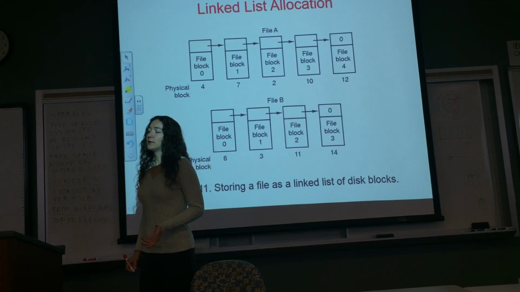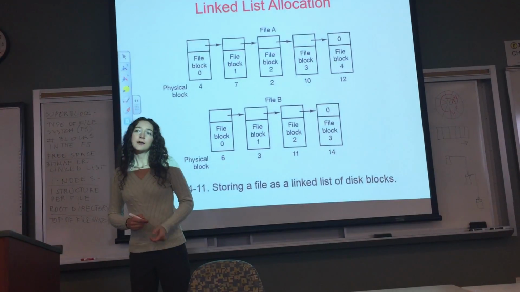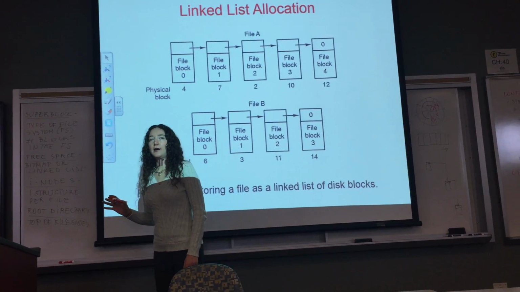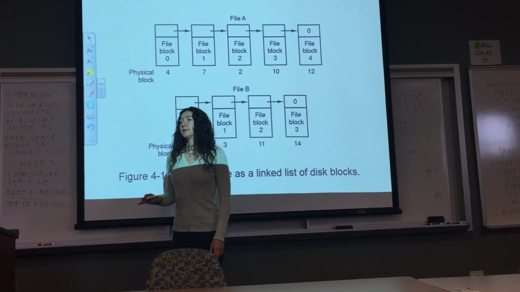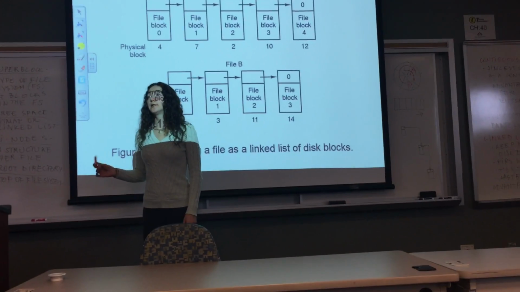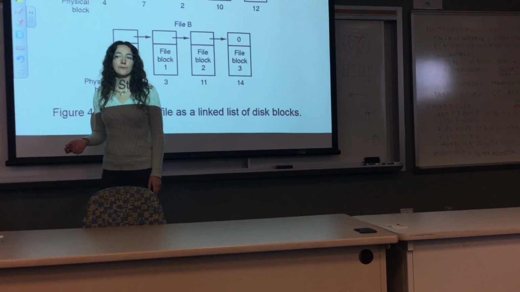Remember when we talked about segmentation and paging, and we did that exercise, and when the page was not in the RAM, we had a page fault, which means the page is on the disk and we have to go and get it. But that's slow, so we have to wait for that.